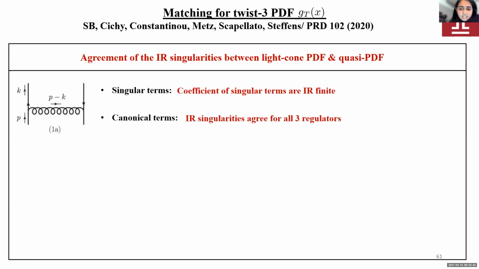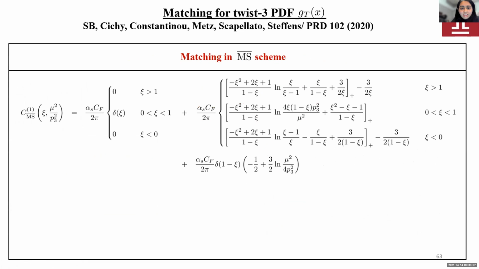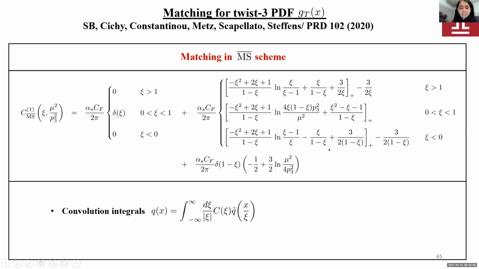So the infrared singularities exactly agree for all 3 regulators, and diagram by diagram, we find that all the poles agree, which is at the very core of this quasi-PDF approach, as I stressed right at the beginning. So this is the matching coefficient for GT in MS-bar. It's remarkable that at the end of the day, when you calculate this coefficient, it's independent of the infrared scheme.